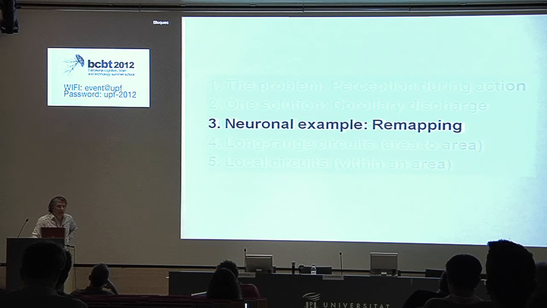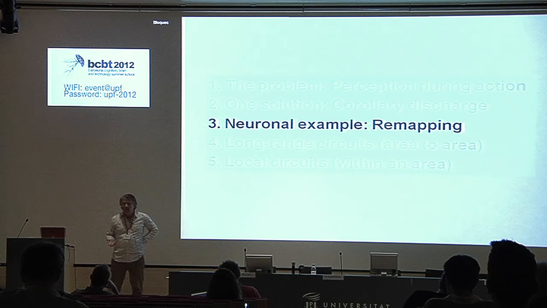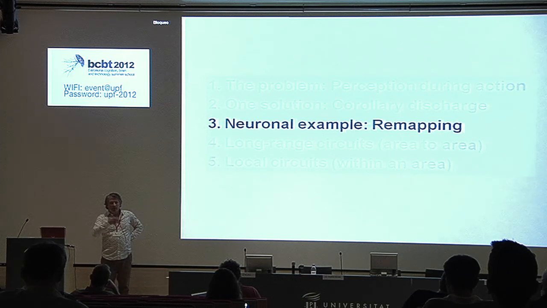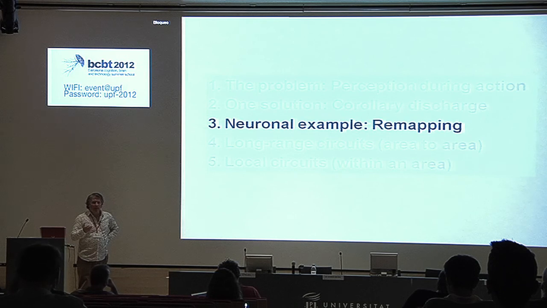That showed good evidence that the corollary discharge is being used for behavior. But still, if it's going to contribute to visual functions, and ultimately we think it's contributing to visual stability, it has to somehow affect the visual system. It should be modulating or affecting visual activity in the frontal eye field.